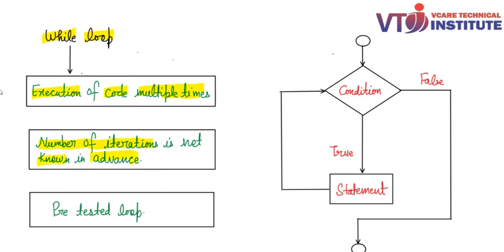We would ask the user how he or she wants to end this program. So it is also called a pre-tested loop, and its flowchart is given with its condition. If the condition becomes true, then the statement will execute, and statement execution proceeds until the condition becomes false, and this will be the end of our program.